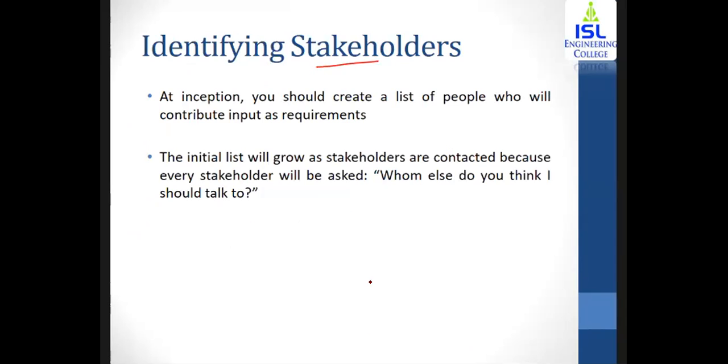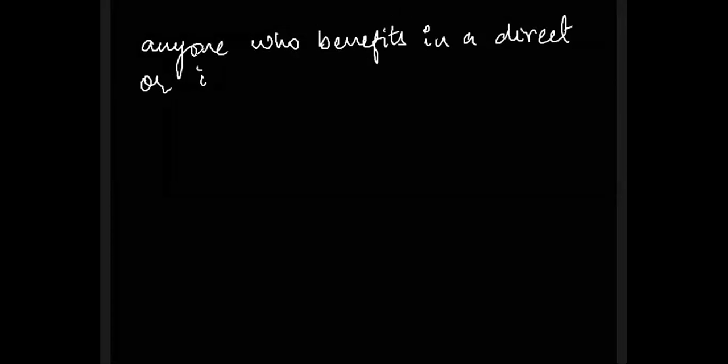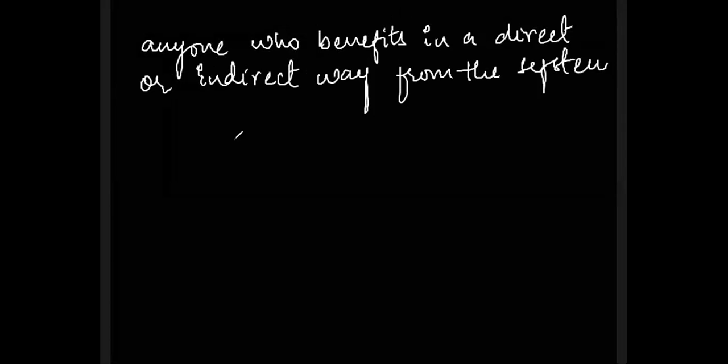Now, what are stakeholders? The definition for stakeholder is: anyone who benefits in a direct or indirect way from the system which is being developed.